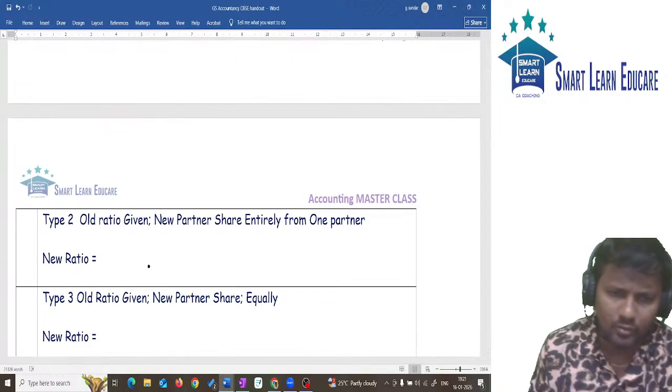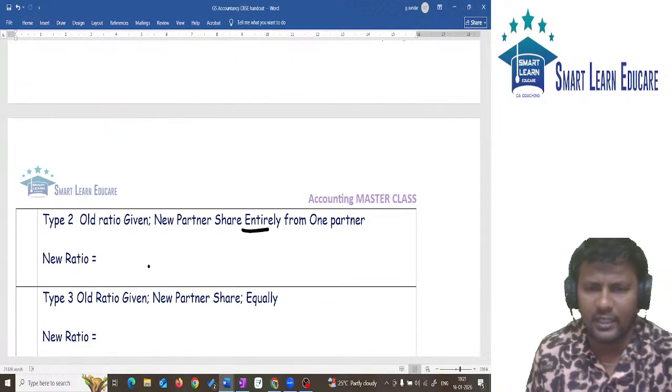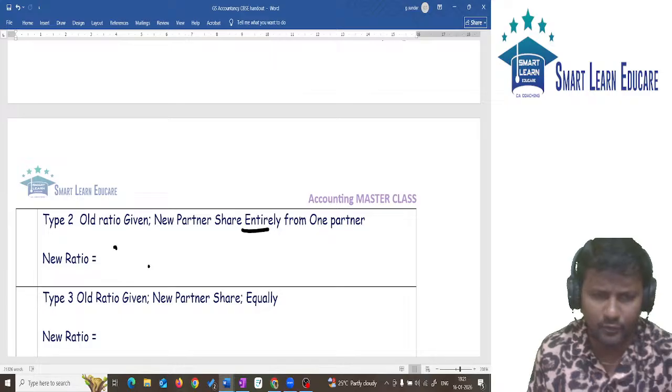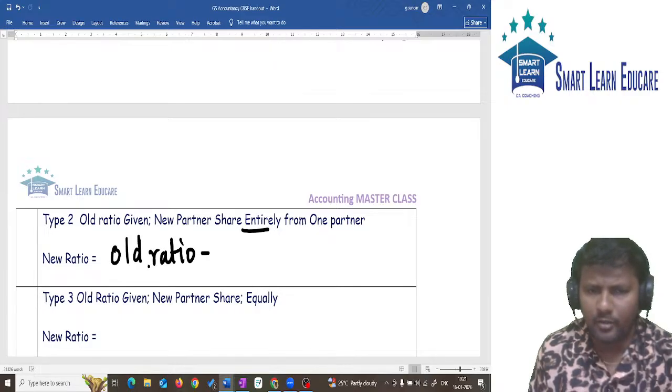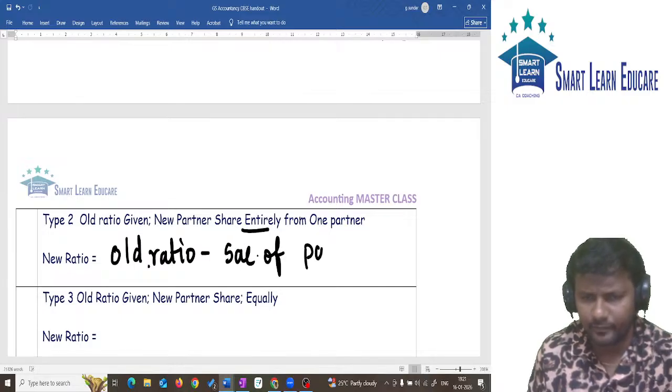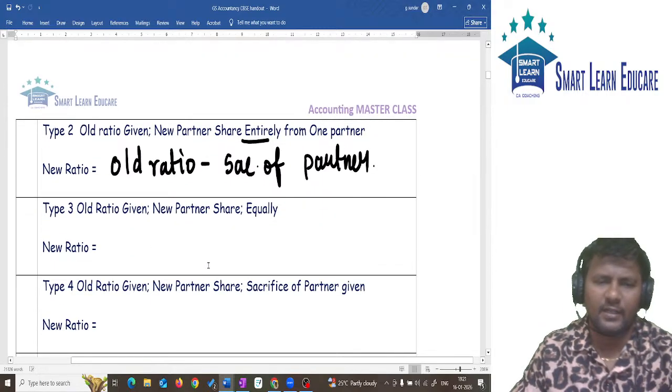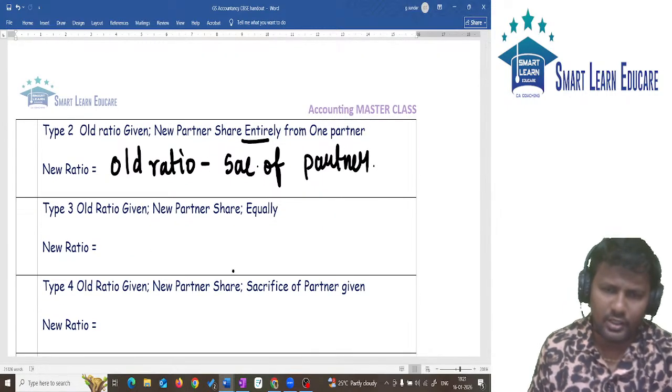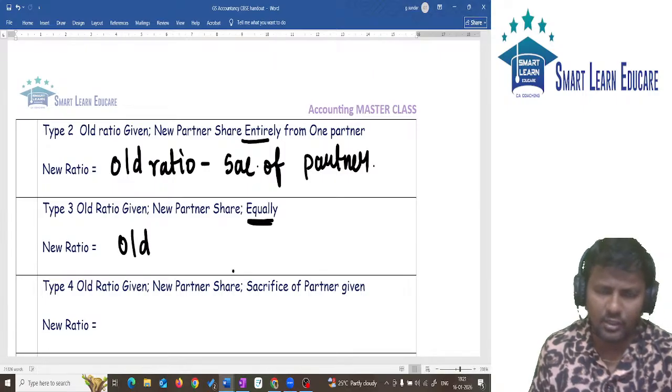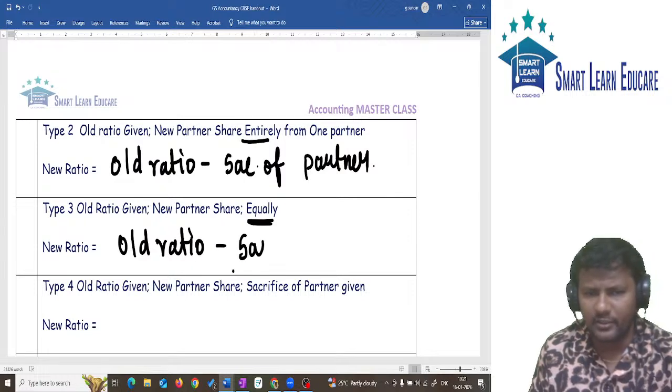Type 2: ratio not given entirely from one partner. Here the formula for new ratio is old ratio minus sacrifice of partner. Even if the new partner share is given as equal in words, it is the same formula.